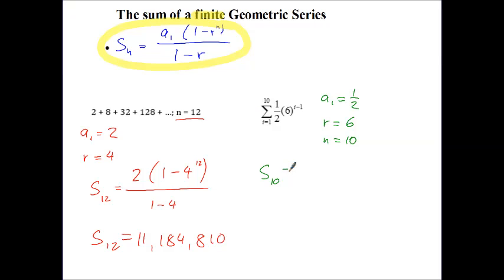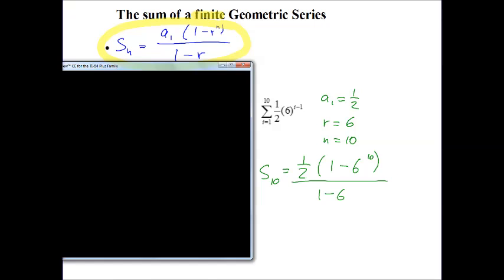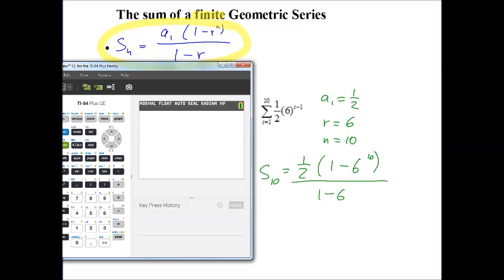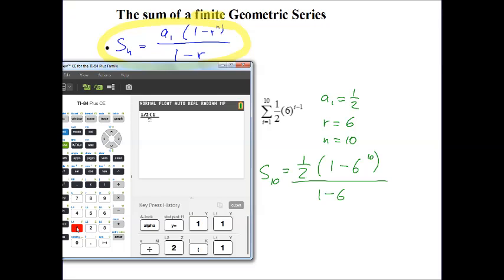S sub 10 is equal to 1/2 times 1 minus 6 to the power of 10 all over 1 minus 6. And let's use that calculator to help us again. Alpha y is equal to 1 for our fraction. And here we go. 1/2 times 1 minus 6 to the power of 10.